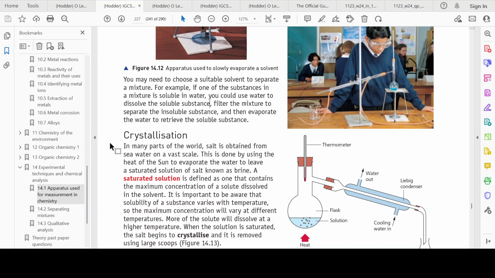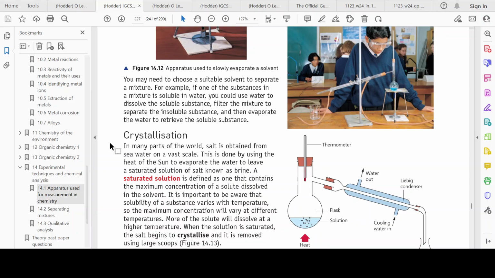So if you have a mixture and you want to separate one particular solute from the others, and it is specifically soluble in water while the others aren't, what you can do is add water to the sample and stir it. What you'll find is a suspension. The suspension is everything that did not dissolve, so those are solid particles, and the one that you want did dissolve. You can't see it, but it did happen.